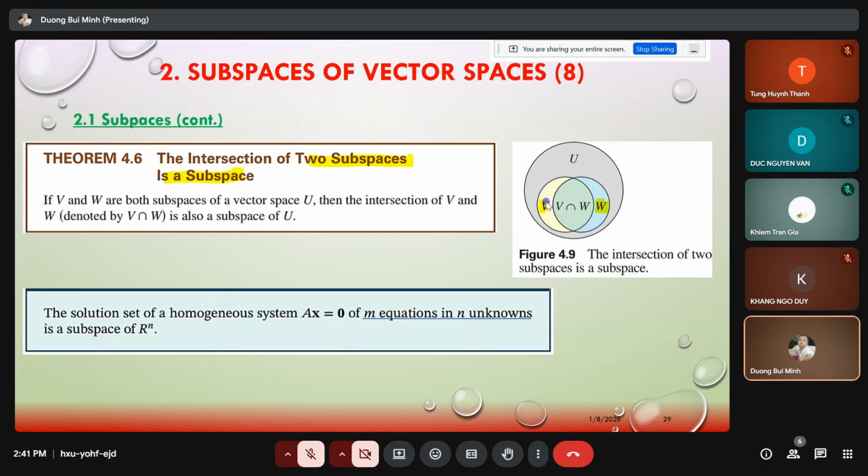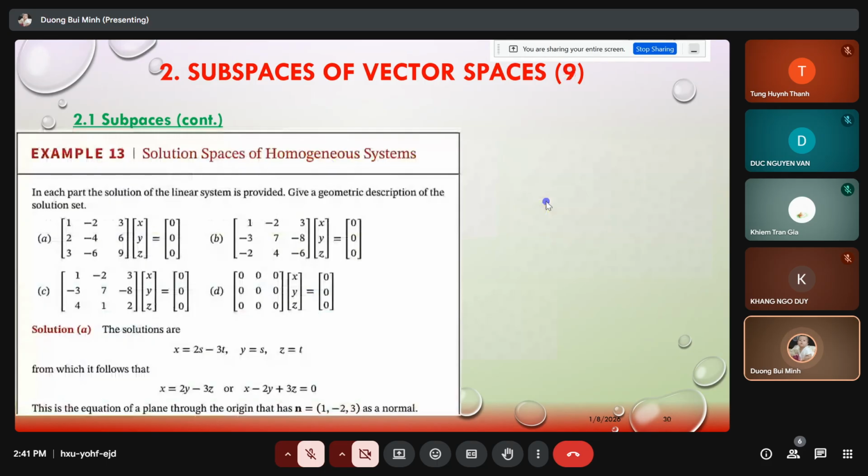Or if we consider a line and then a plane, we have the intersection. If we consider the intersection between one line and another line, we only have one common element, the zero vector.